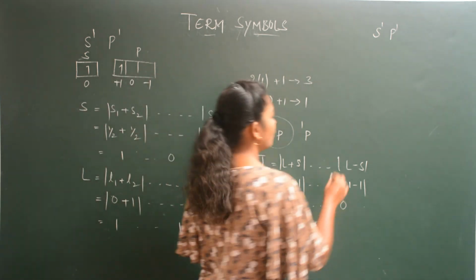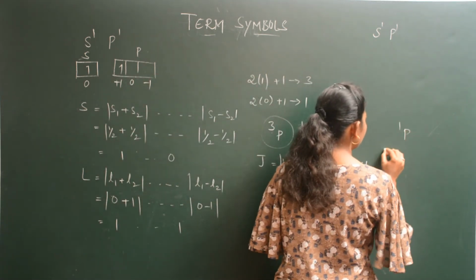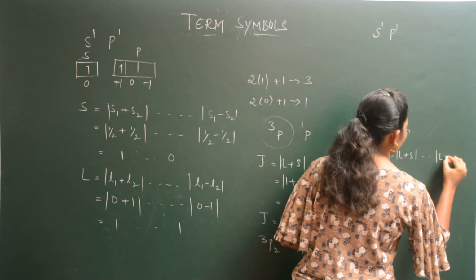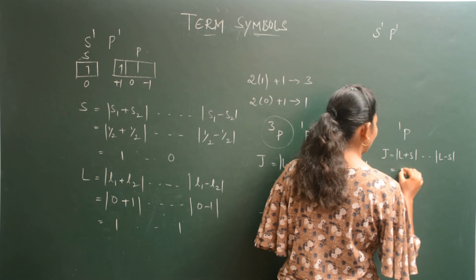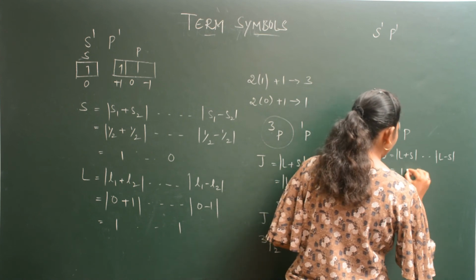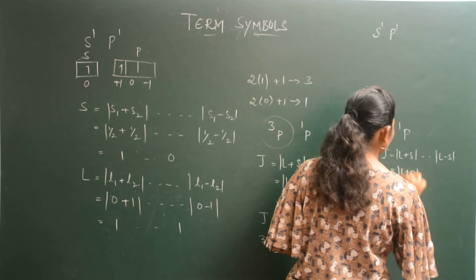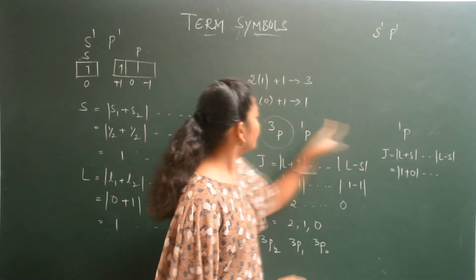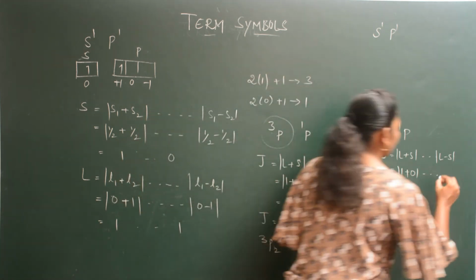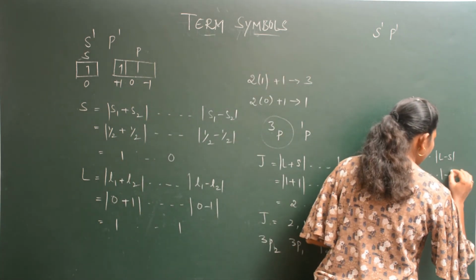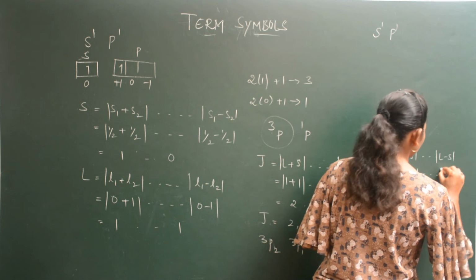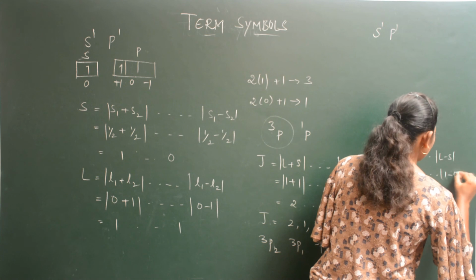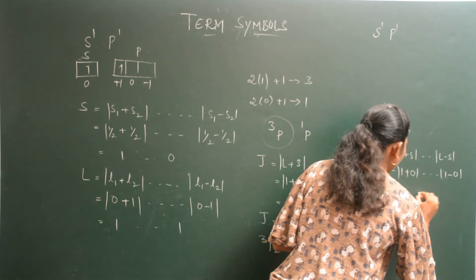Now find out for 1P. For 1P, J is equal to L plus S to L minus S. The L value is 1 plus 0, since S is equal to 0 only, so you get 1, and 1 minus 0 is also 1.